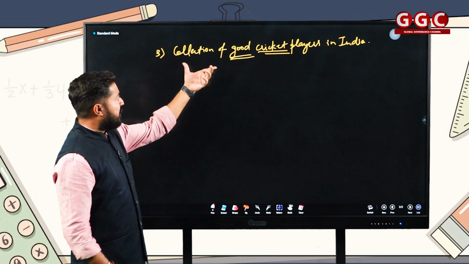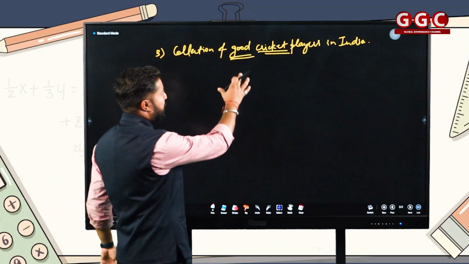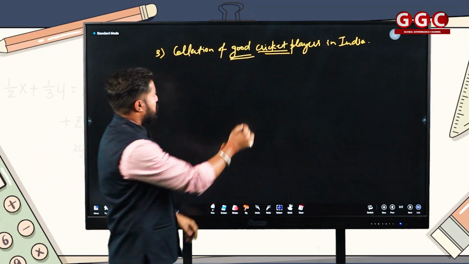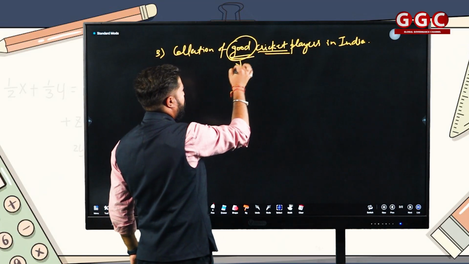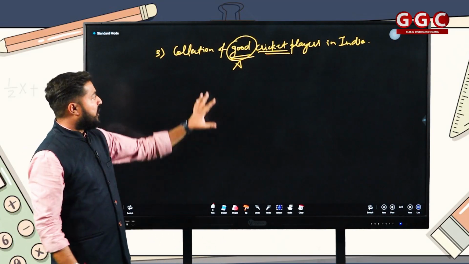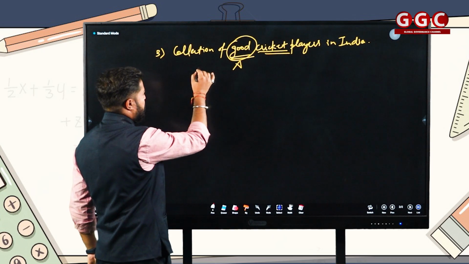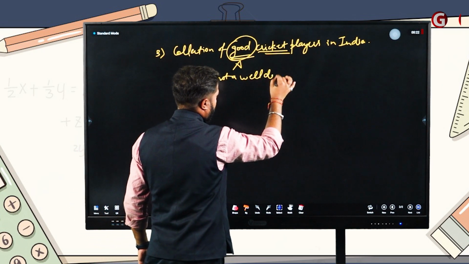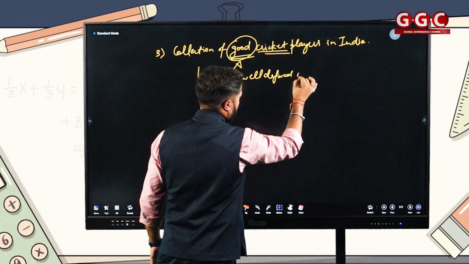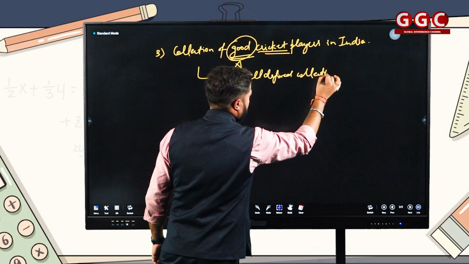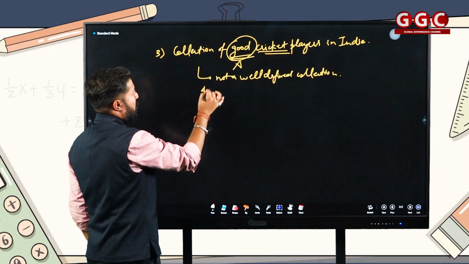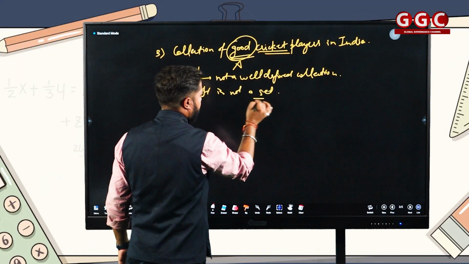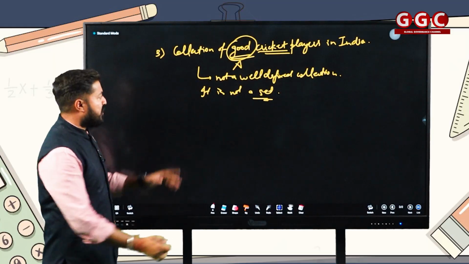That means this collection in which the defining characteristic is good cricket player. Now this good is not a well defined word. That means this collection is not a well defined collection. Hence it is not a set. So it does not form a set.